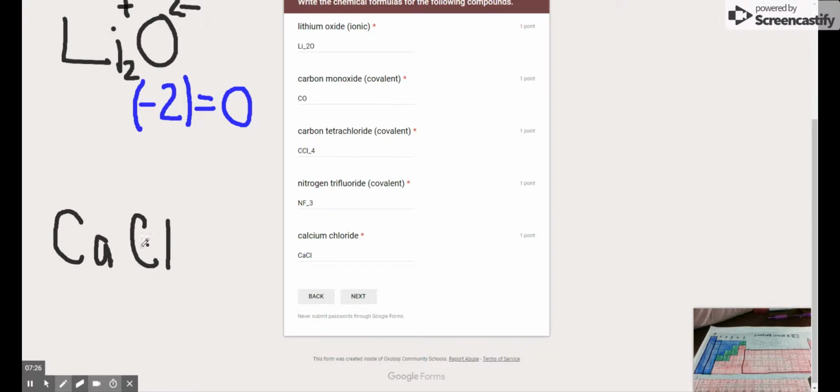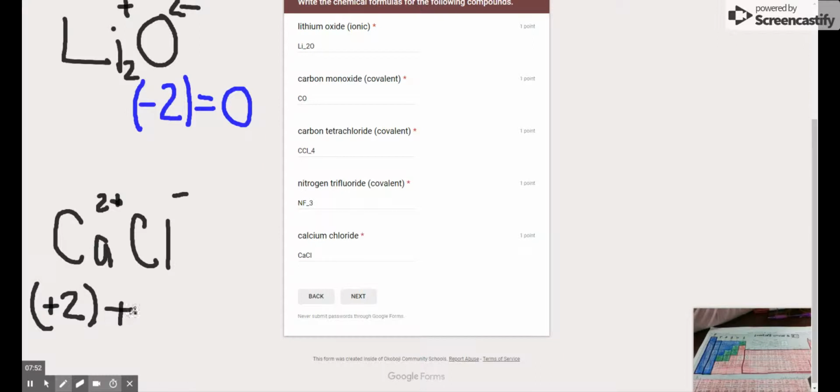So calcium has what charge? Looking at the periodic table, it has 2 valence electrons that it's going to want to lose. So it's going to have a +2 charge. Chlorine, if you look at the periodic table, is in group 7. It's going to gain 1 electron, so it has a -1 charge. Therefore, in order for this to balance out, you have a +2.